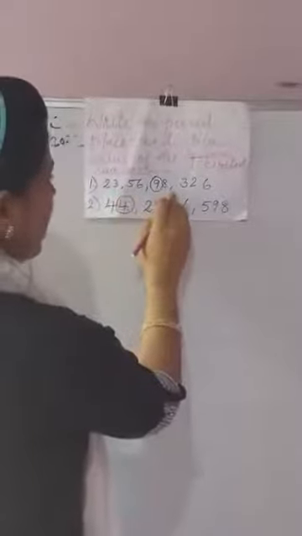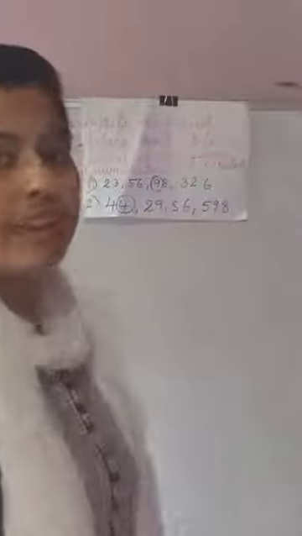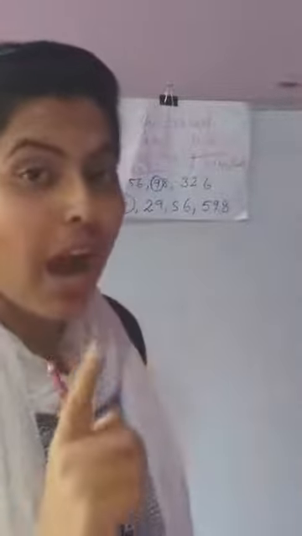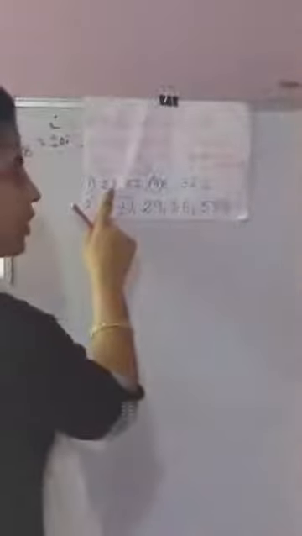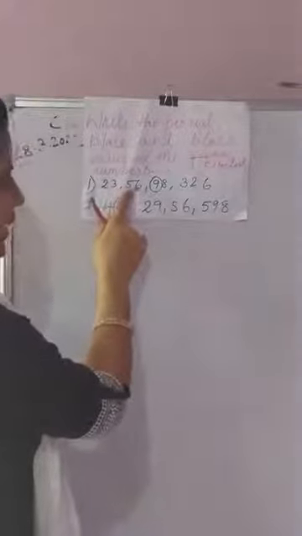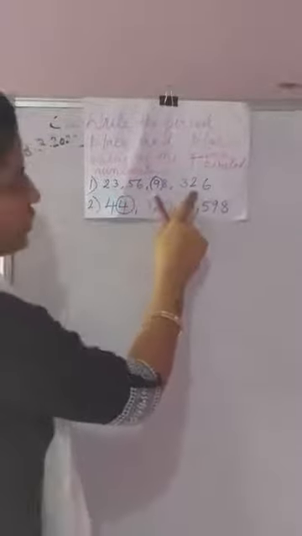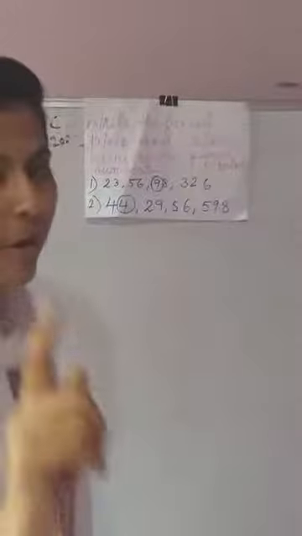There is a comma system given. Comma is given after every interval of period. Keep in your mind always. Comma is given after every interval of periods. This is crore, comma, lakh, comma, thousand, comma, and this is ones, there is no comma. After ones, there will be no comma.